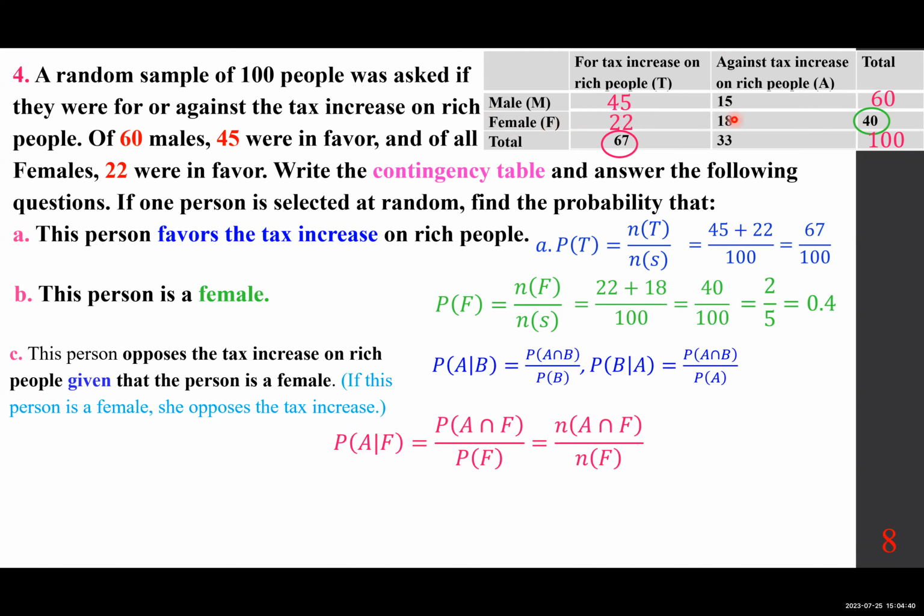Intersection of this row and this column. If you were to draw a line here and a line here, they would come together at this number, and that's 18 over 40 and must be simplified to 9 over 20 or 0.45.